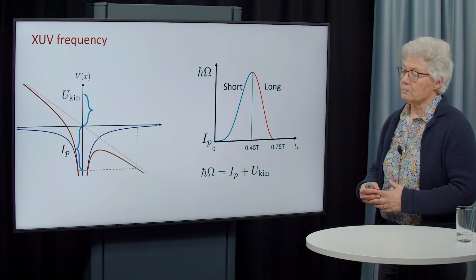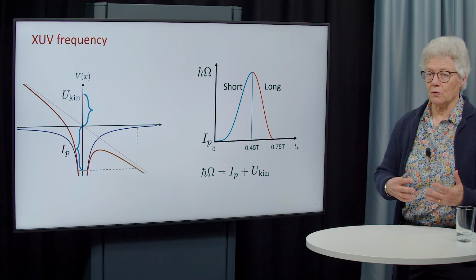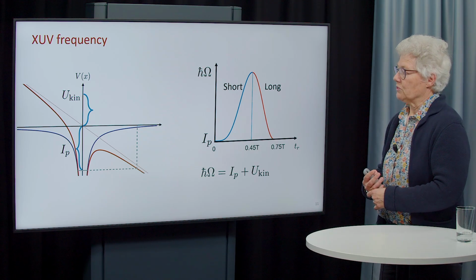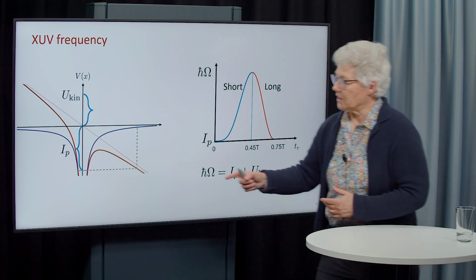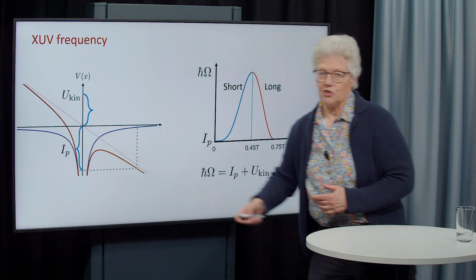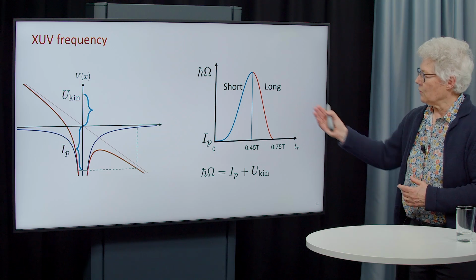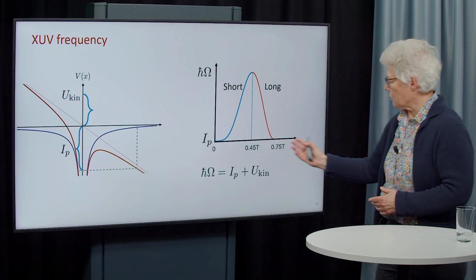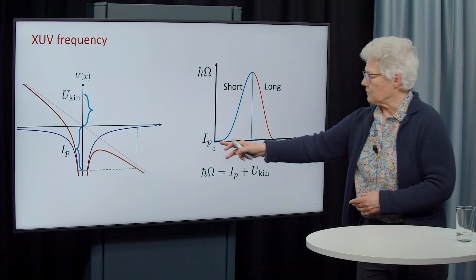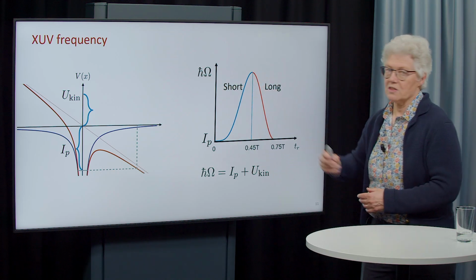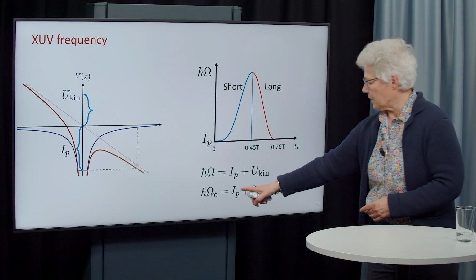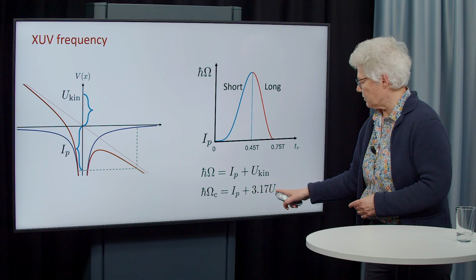Now we can go from the kinetic energy of the electrons to the frequency of the XUV radiation which is emitted, simply by adding the potential energy of the atom. And here what is represented is the photon energy as a function of return time, starting from IP to a maximum photon energy, which is given by IP plus 3.17 UP.